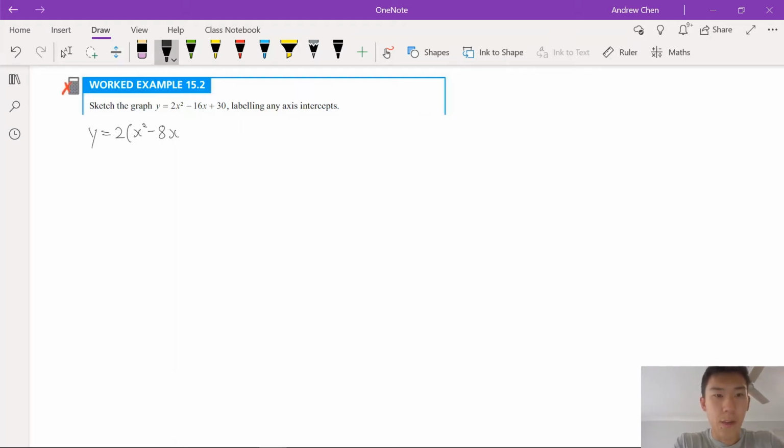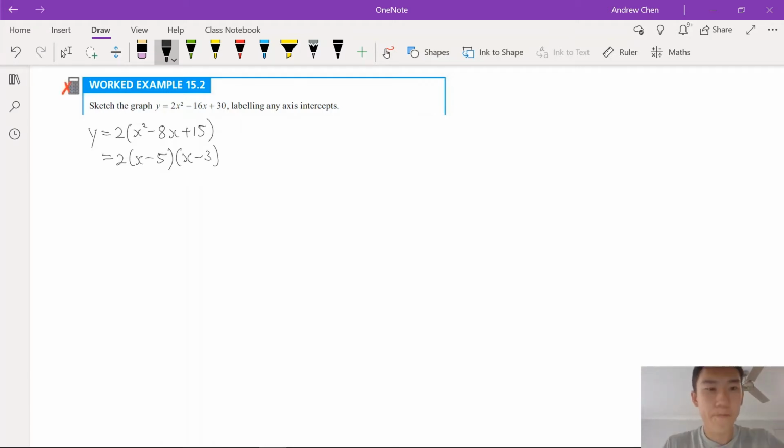So 2 outside of x squared take 8x plus 15. All right, because now we can factorize it, and once we factorize it, it'll tell us the zeros. So let's do that. Now there are other ways you can go about doing this, but this way might be more efficient. So we want two numbers that multiply to 15 and add to negative 8. So we have negative 5 and negative 3.